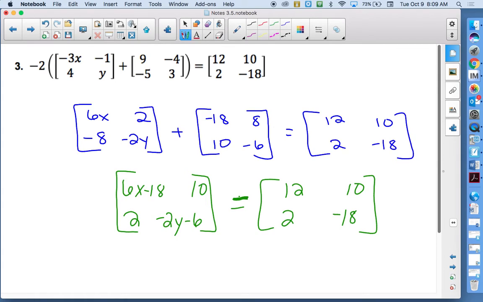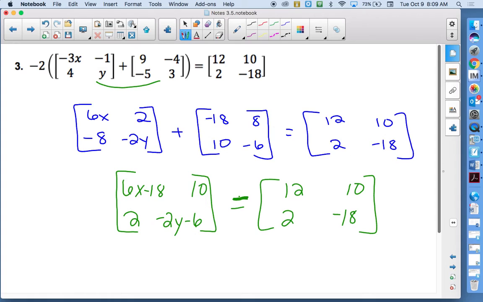Would you get the same answer if you added these 2 together first and then multiplied by negative 2? So could you have added the inside of the parentheses first, taken that answer and multiplied everything by negative 2? Would that give you the same answer? It would.